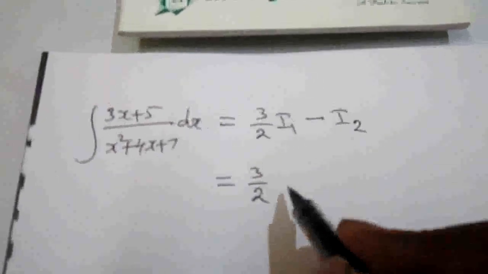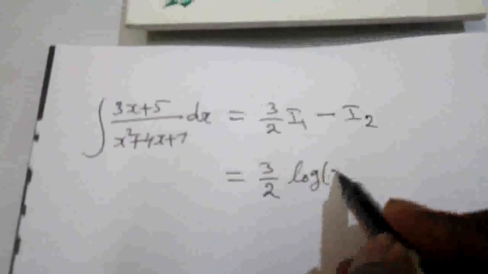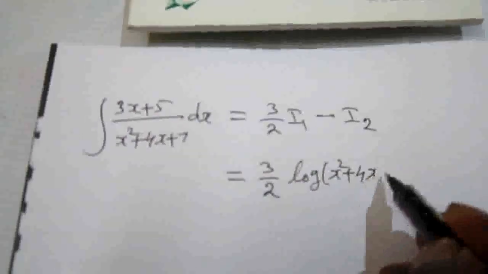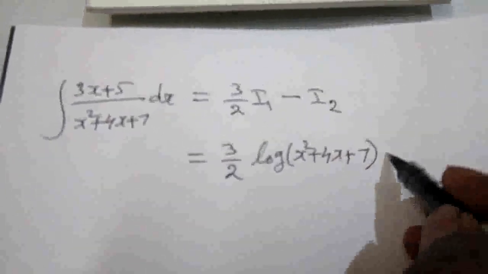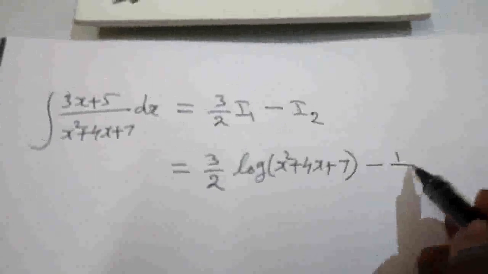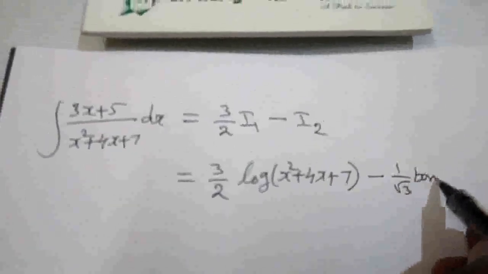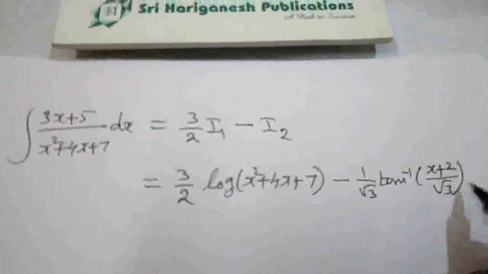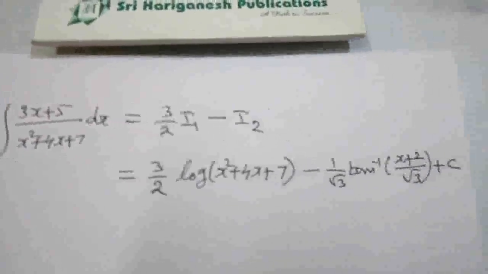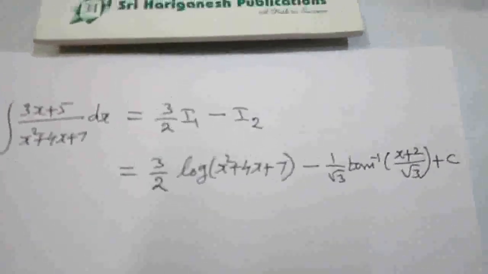What is I1? Log of (x square plus 4x plus 7). So this is the I1 value, minus I2. What is I2? 1 by root 3 into tan inverse of (x plus 2) by root 3. Finally, plus the integral constant. So this is the answer to the problem.